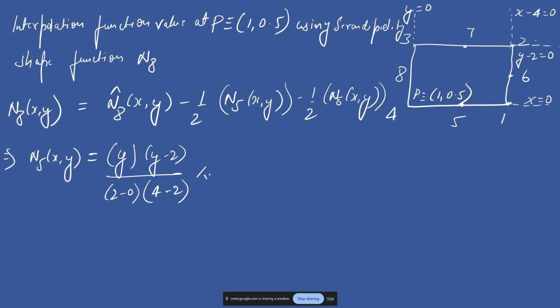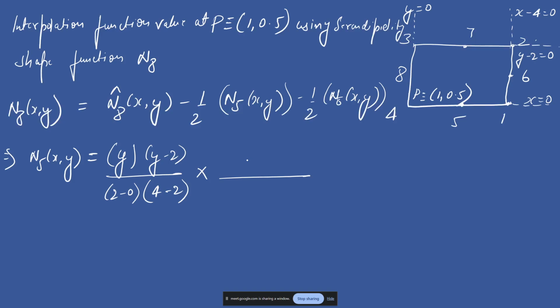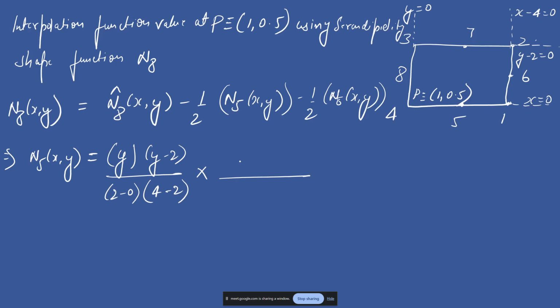and for the x it is given by, sorry, this is different.